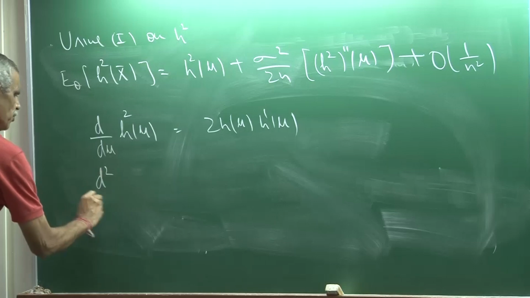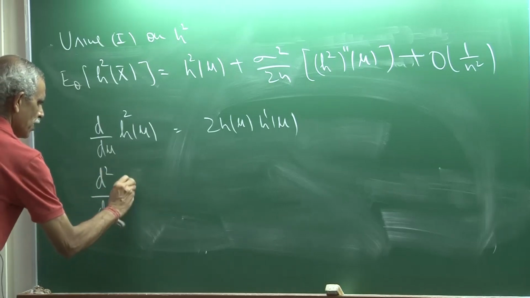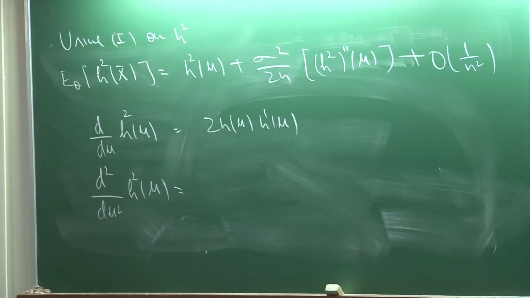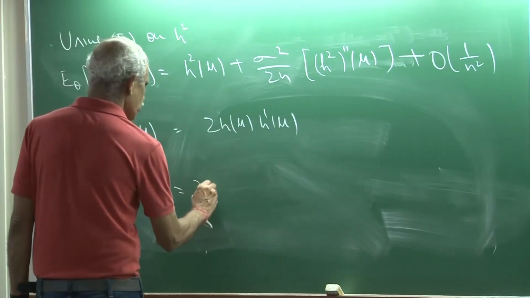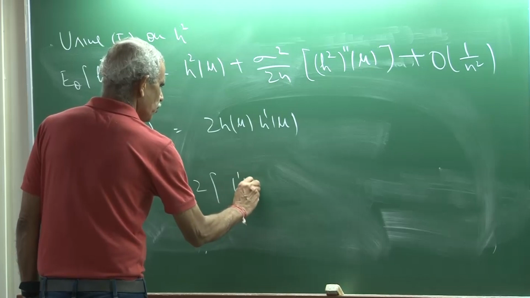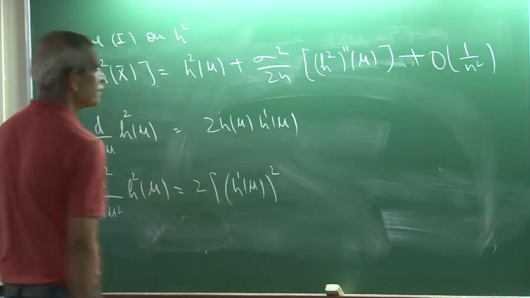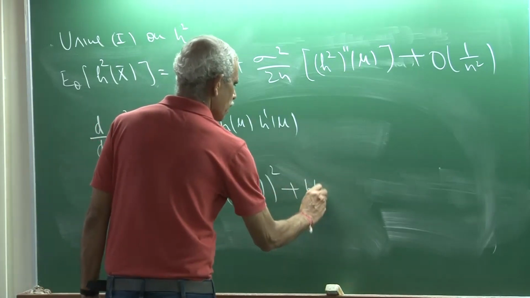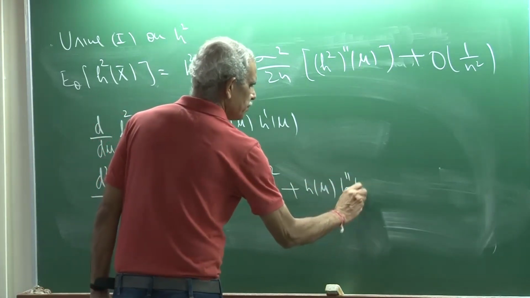D square by d mu square of h square mu is nothing but the derivative of this. So this is the same as 2 times h prime mu whole square plus h mu into h double prime mu.